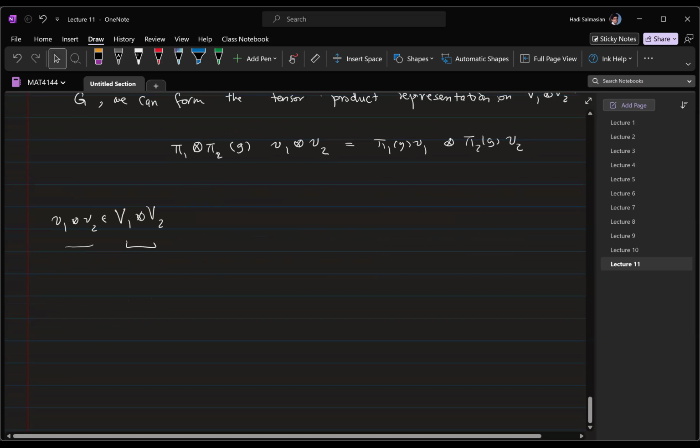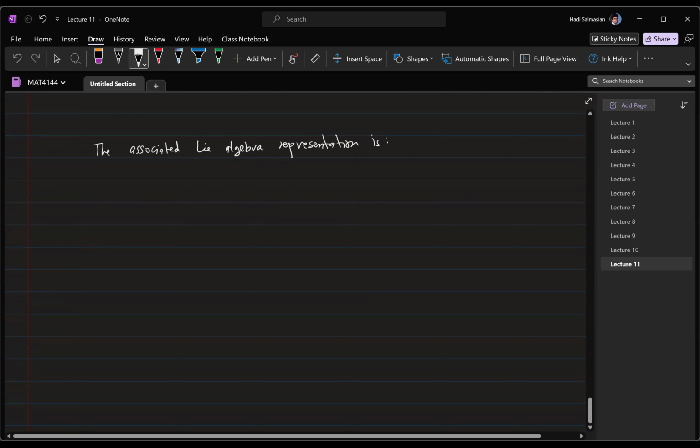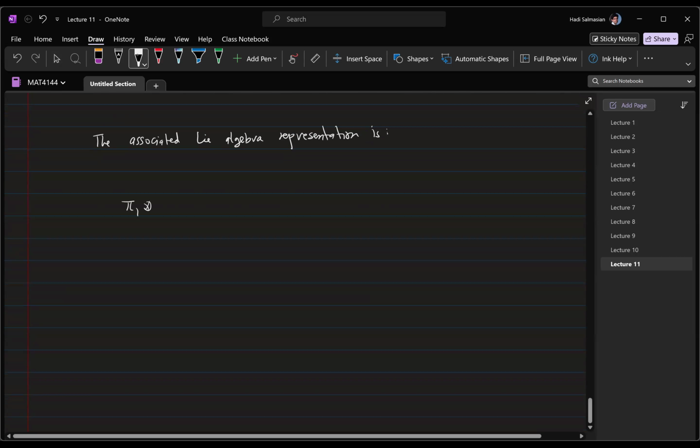All right. But now, what about the Lie algebra action? The associated Lie algebra representation, pi 1 underline tensor pi 2 underline of x, for x coming from the Lie algebra g, acting on some tensor like this. What is it?